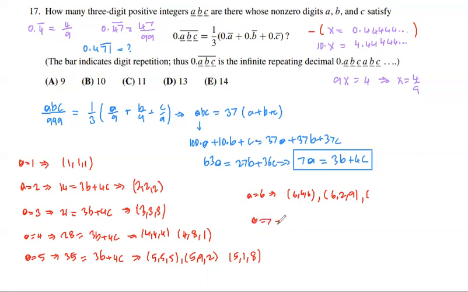So if I do 7, that will be 7 7 7, and you can confirm that. And if I do 8, that should be 8 8 8. And if I have 9, that should be 9 9 9.